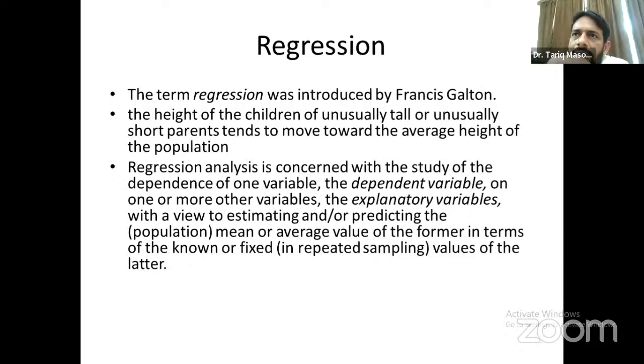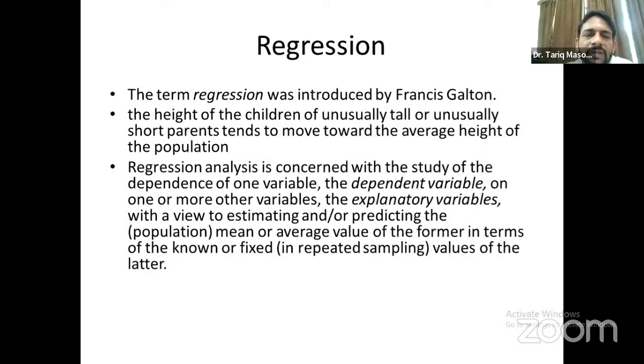When we look at a number of short height parents, the average height of all these children is moving towards the average, and the same is true for the large height parents. So this is the term regression. The word regression we use simply for that reason, because in that particular experiment there was a regression towards the mean. So Galton called it regression analysis.